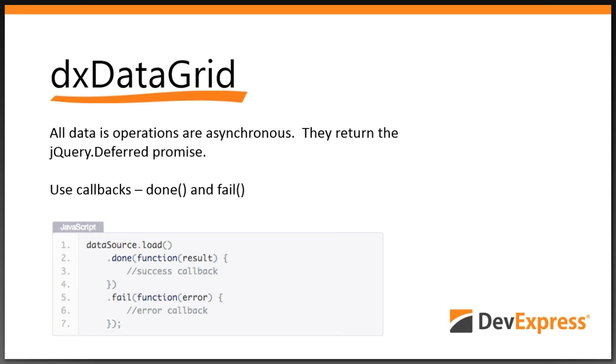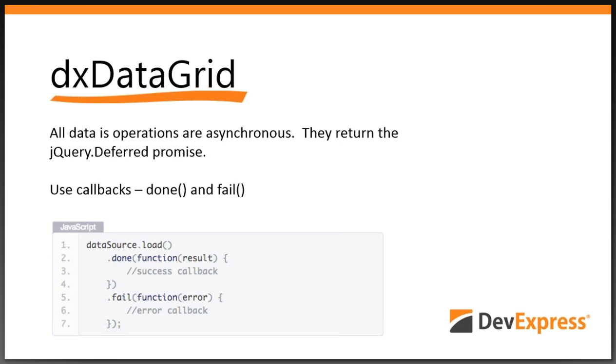So we've implemented this with the DataGrid where we use promises, and you basically specify functions for done and fail and various others. Done will get called once the data has arrived, and it's called a callback, and you can do anything you like in that particular case.